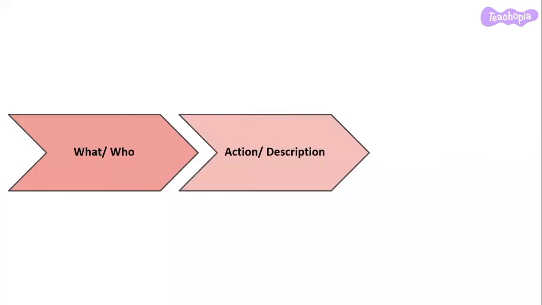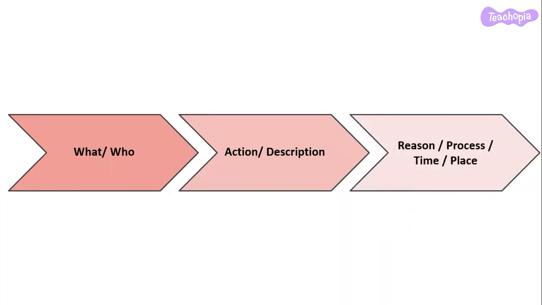Let's learn how we can add information to basic sentences. So in step 1 especially, we learned the 2 blocks, that is what or who, and action or description. So we know that if we talk about what or who, and then we talk about an action or description, we have a basic sentence. Now, what if we want to add information to the basic sentence?